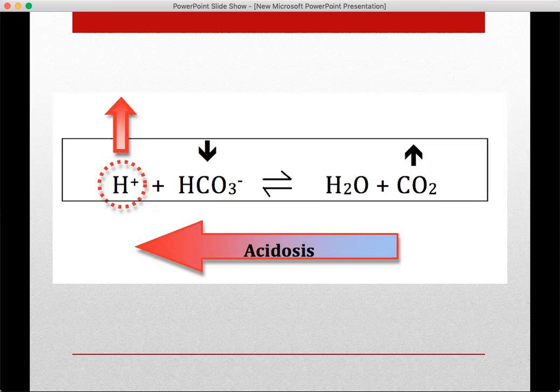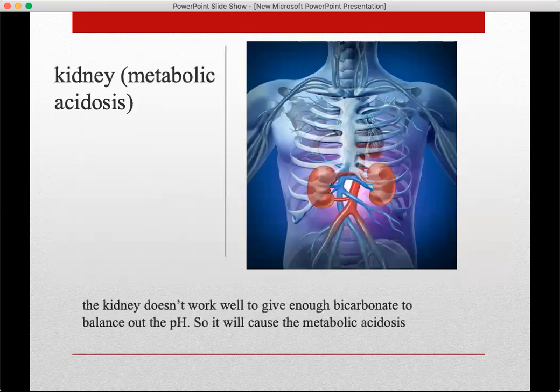But when we see an increase in CO2, which is here, this causes respiratory acidosis. The kidney mostly controls your bicarbonate level and your ventilation controls your CO2 level. But what is metabolic acidosis and what is respiratory acidosis?